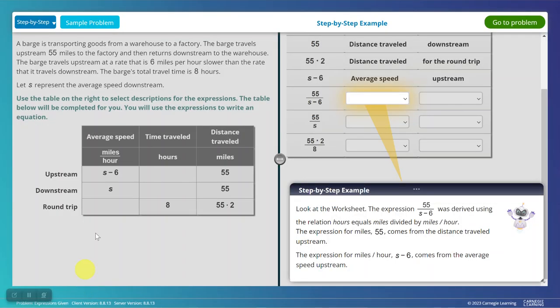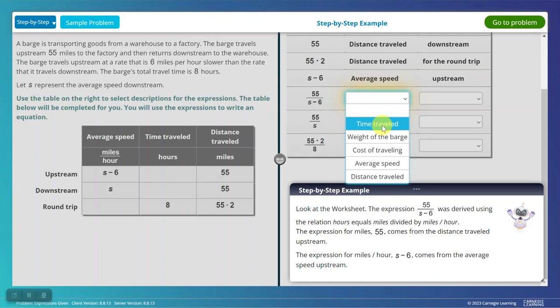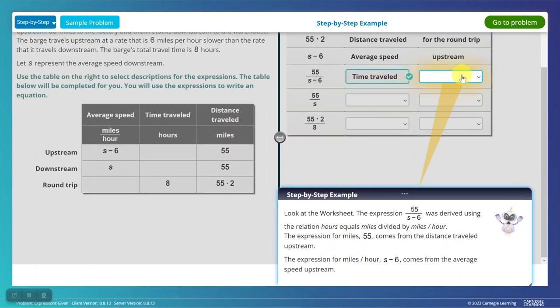So what we have here, 55 is a distance, so in miles, and s minus 6 was a speed. So distance divided by rate is going to be equal to time. And it's the time traveled.